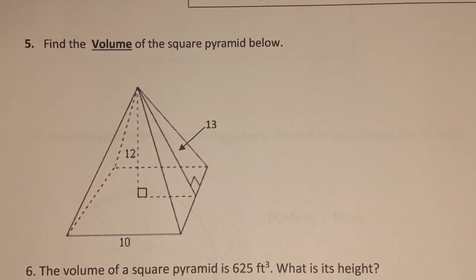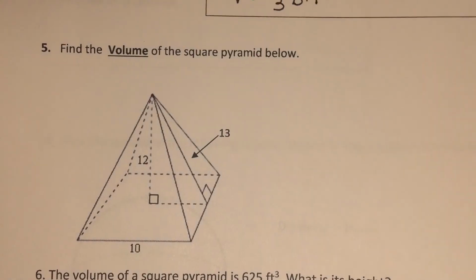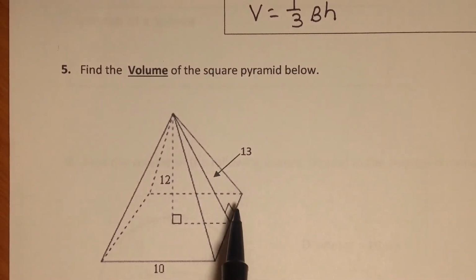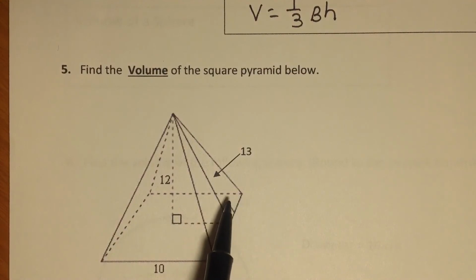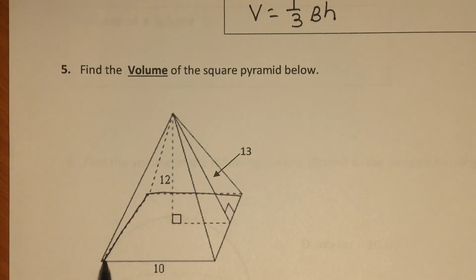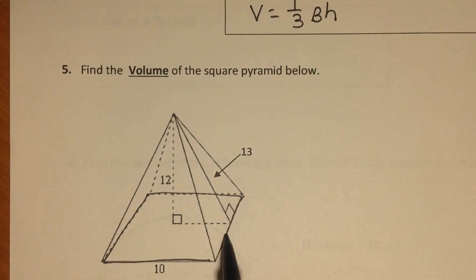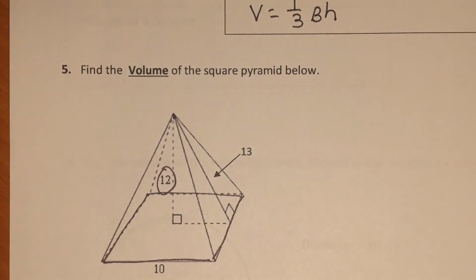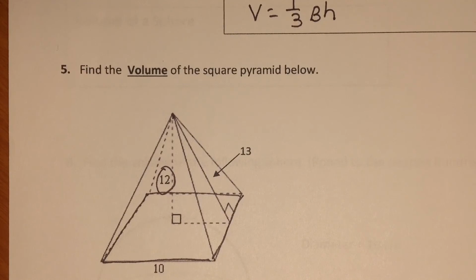So I'm going to use that formula to find the volume of this square pyramid. The square pyramid has a square base, and that's what you see right here. I'm going to find the area of the base, multiply it by the height of my entire pyramid, and then divide that by 3, or multiply it by 1/3.